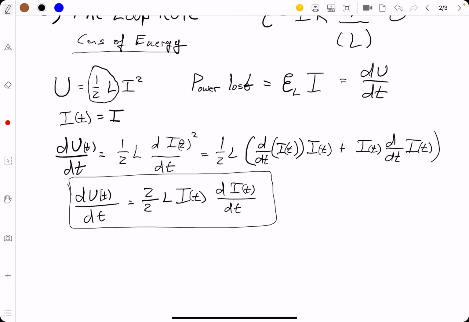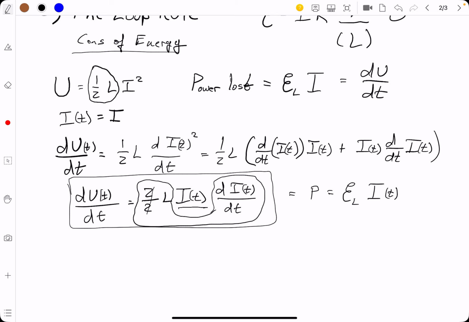All right. And if that's equal to P, which is equal to our EL times I, and we can put I of t because it doesn't really matter, then that means this is our I of t, and the rest of it is our EL.